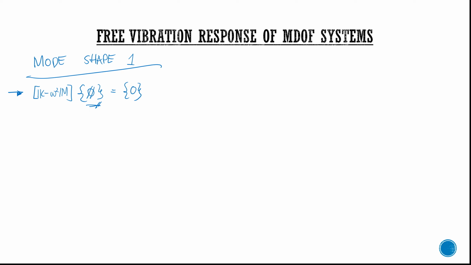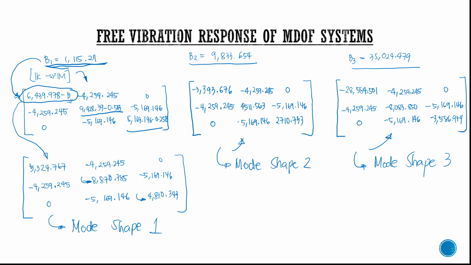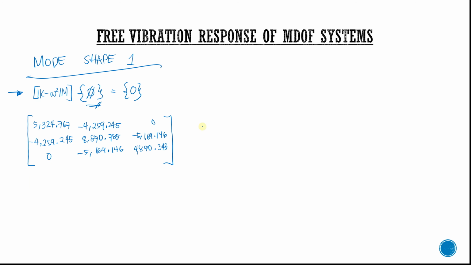So for the mode shape 1, our calculated stiffness matrix minus omega squared times the mass matrix from B1 is equal to this matrix as what we have calculated in the previous slide. And then our mode shape vector, that is mode shape 1 for the first floor, mode shape 1 for the second floor, and mode shape 1 for the third floor is equal to the null vector.